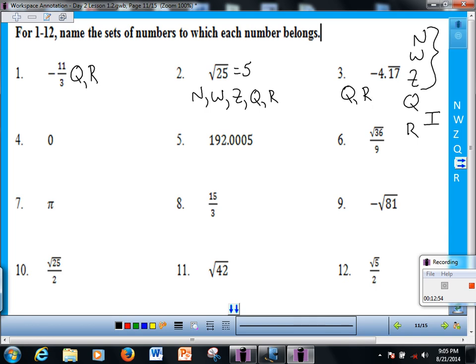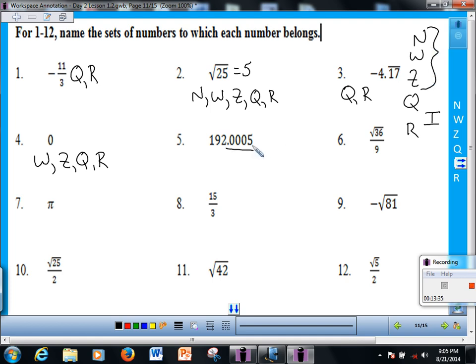Number 4, 0. It's not a natural number, but it is a whole number. Since it's a whole number, it's an integer. I could think of 0 as 0 over 1, 0 over 2, 0 over 3, so it's a rational number, and it's a real number. So I hope you see how this is working. Number 5, 192.0005. These three are out because it's got decimals in it.